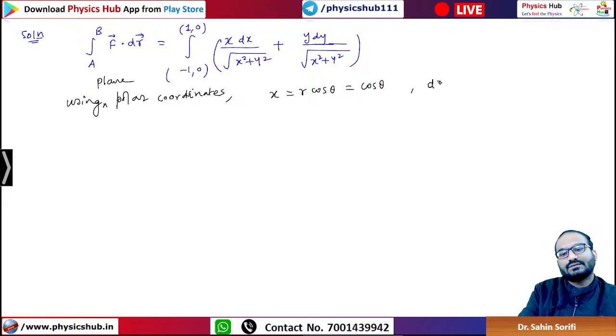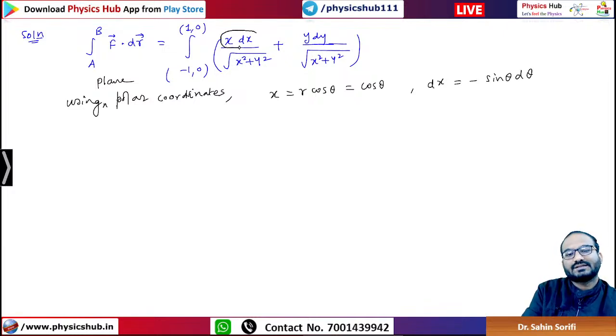So dx is equal to how much? Dx will be minus sin theta d theta. You require x dx, so x dx is minus cos theta sin theta d theta.